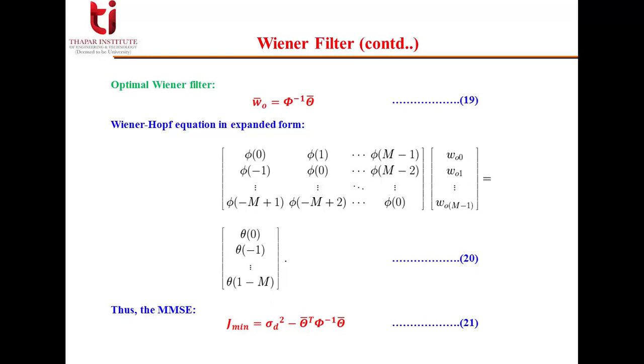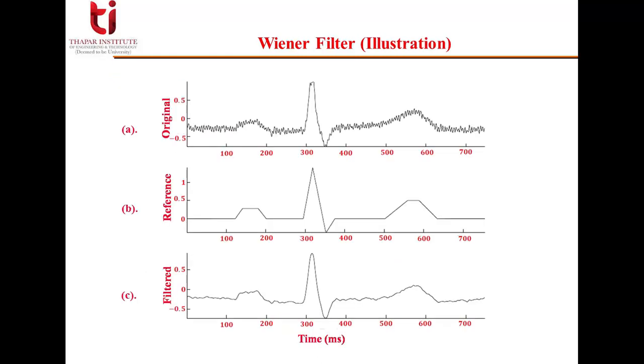Now let's see one example. Here in ECG, this signal A represents an ECG signal with noise. Now if I want to filter this using a Wiener filter, I have to choose some reference which we call a desired signal. Now this signal B, if you see in this figure, is that desired signal. How do we obtain that desired signal?